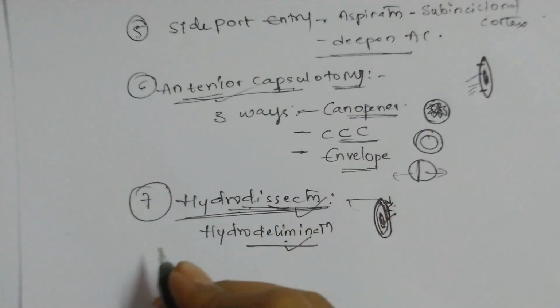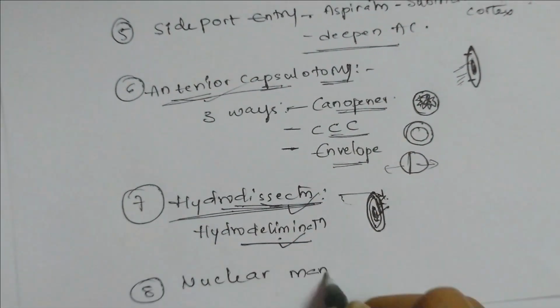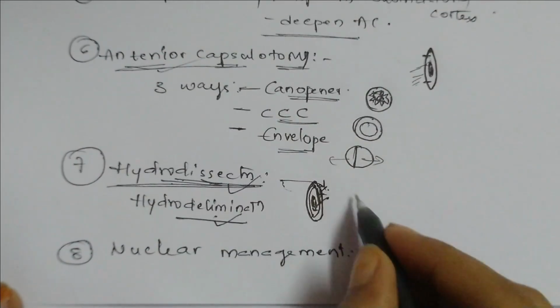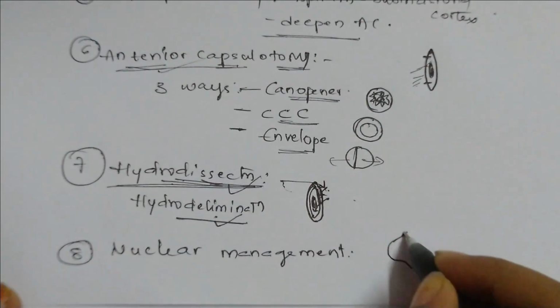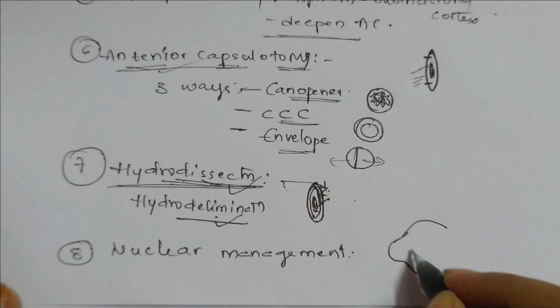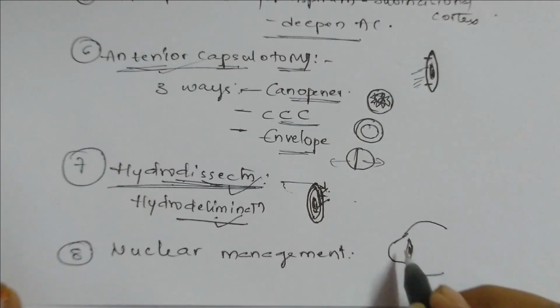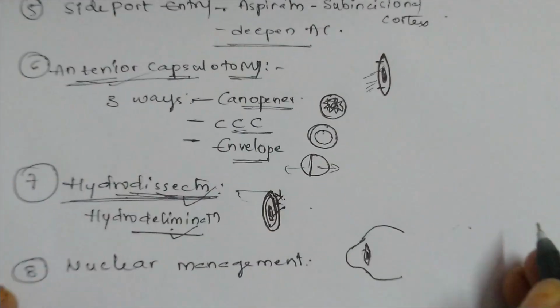And then the next thing is nuclear management. First of all, this nucleus has to be prolapsed into the anterior chamber. This is the eyeball, this is the lens, and this is the nucleus, and we have removed this anterior capsule, so it will be like this.